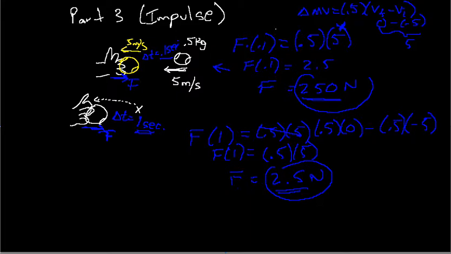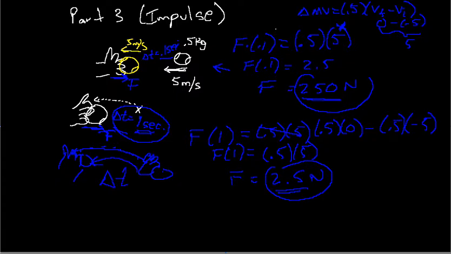If you choose to have your hand experience a smaller force, then you have to increase the time that your hand is in contact with the ball in order to slow it down, which means you move with the ball as you catch it. You catch it over here, there's your hand, you catch the ball here, and your hand moves backward with the ball until over here you're finally stopped, and this delta t is longer. So you increase the contact time with the ball here.